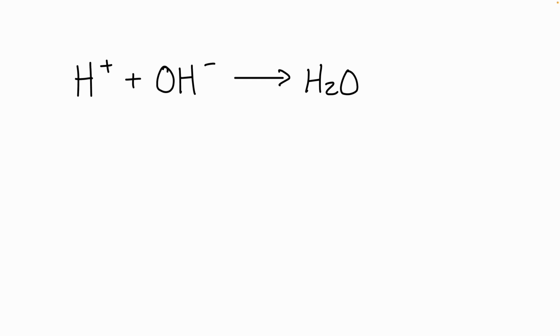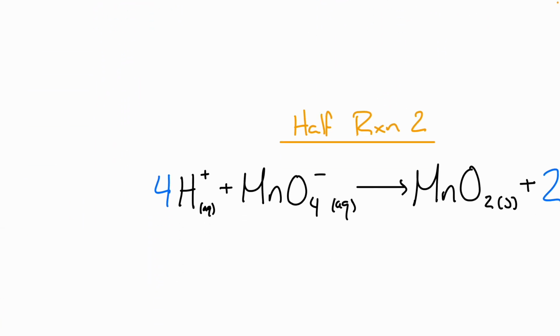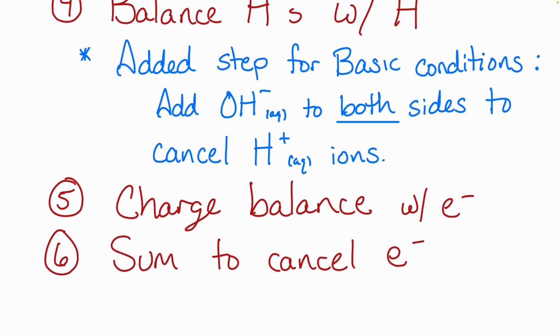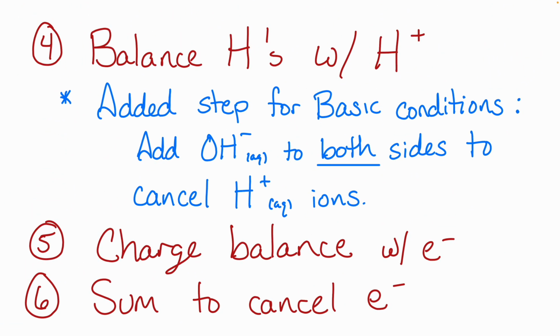So I'm going to add just as many hydroxide ions as I need to cancel out all of those hydrogen ions there. So I'm going to add 4 hydroxide ions. Okay, but if we look back here at our rules for basic conditions, it says that we need to add these hydroxide ions to both sides of our chemical equation.